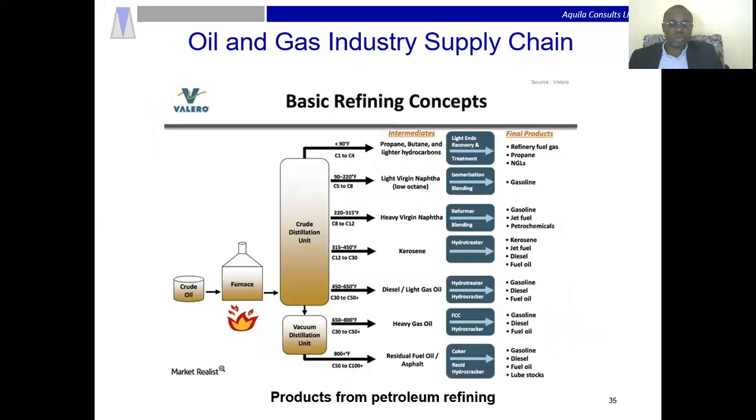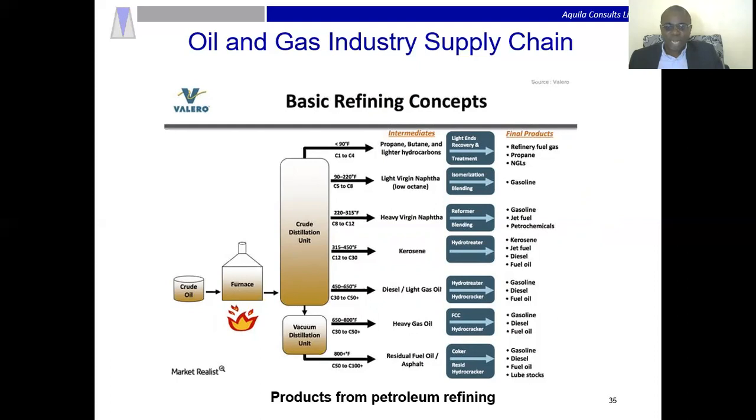So this chart shows a petroleum refining process. You could see from the crude oil tank, you heat it in a furnace and you do distillation to obtain first some intermediate products, which may include propane, butane, others, naphtha, kerosene, diesel, heavy gas oil.